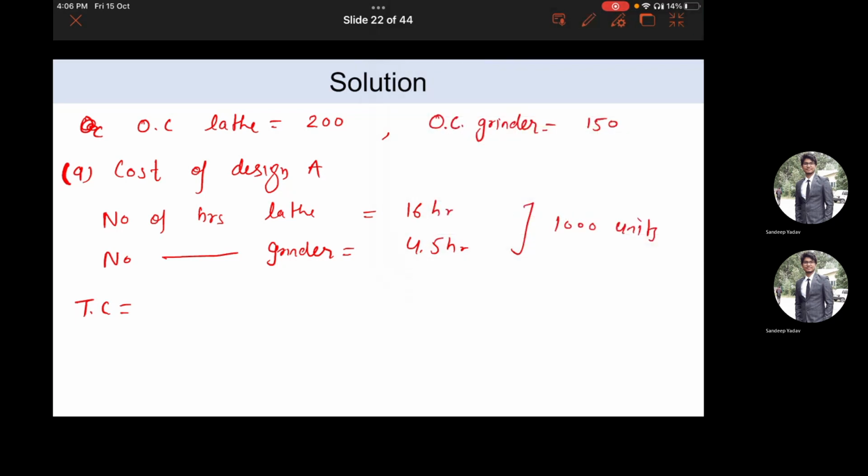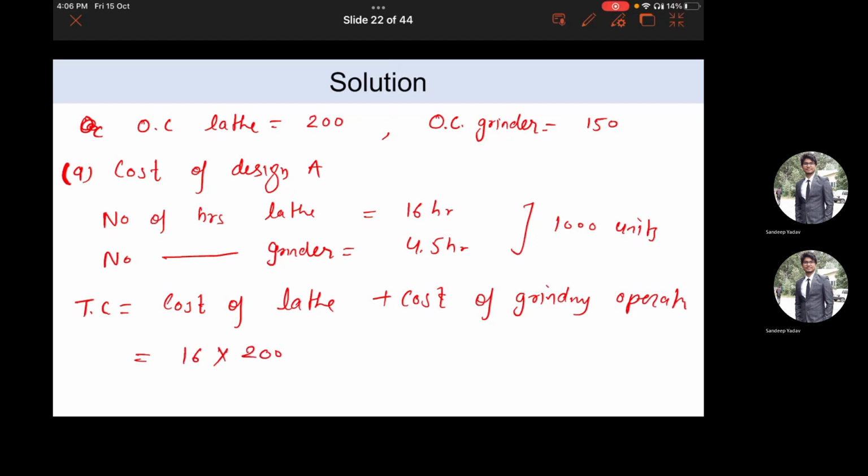So the total cost will be cost of lathe plus cost of grinding operation. The cost of lathe will be calculated as 16 hours, and the cost of lathe is 200 rupees per hour. And similarly for the grinding, it will be 4.5 multiplied by 150. The total cost will be 3875 rupees.